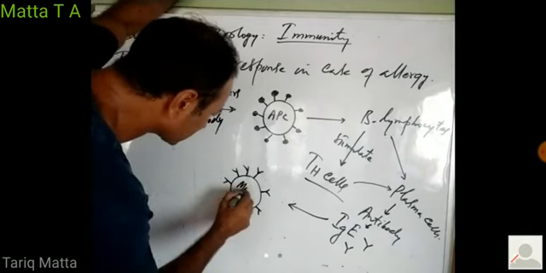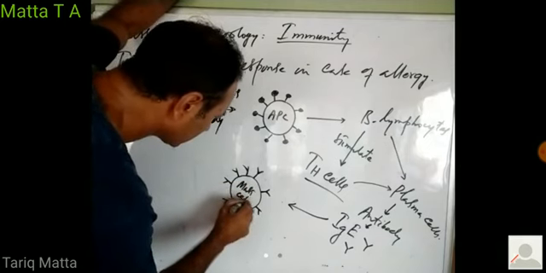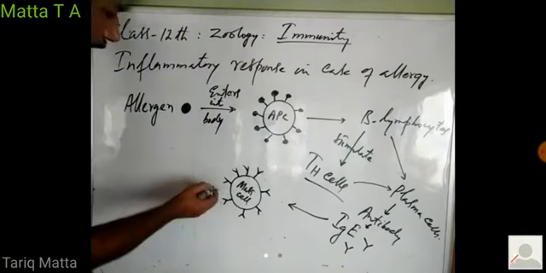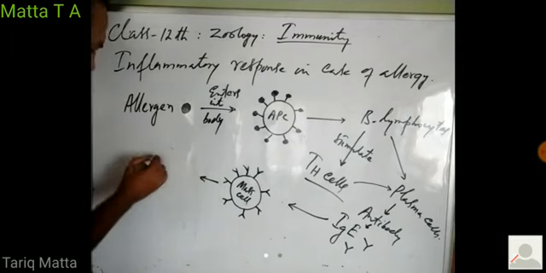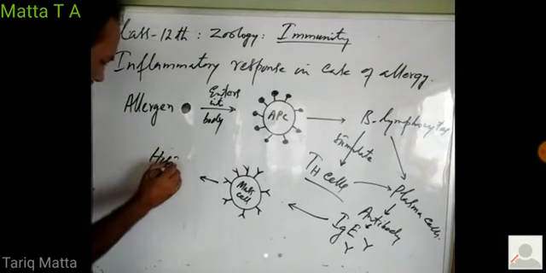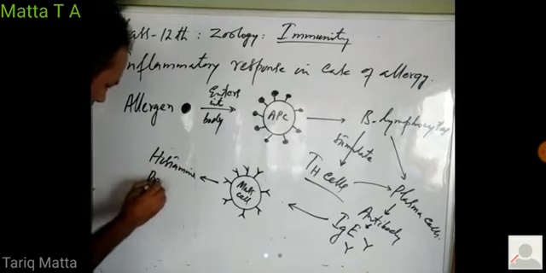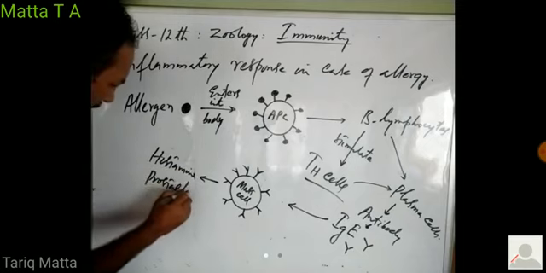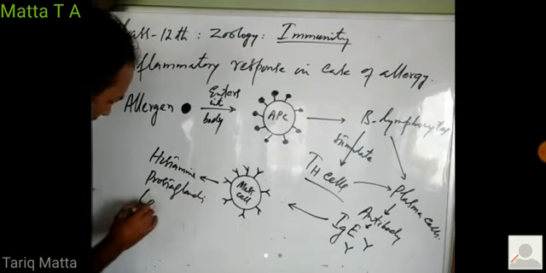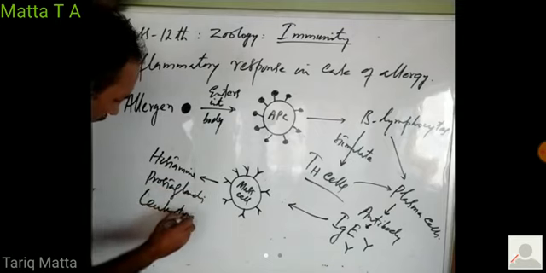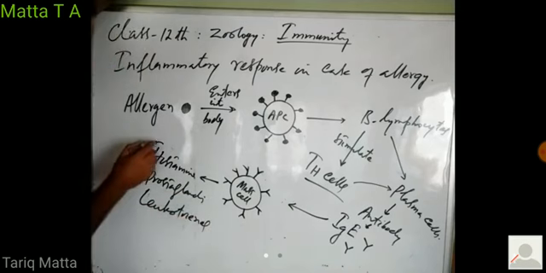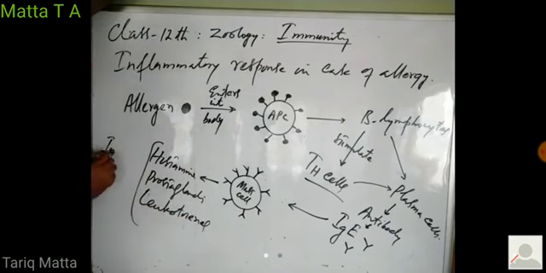This is a mast cell. And this mast cell releases histamine. It releases prostaglandins. It releases leukotrienes. And these substances produce the inflammation.